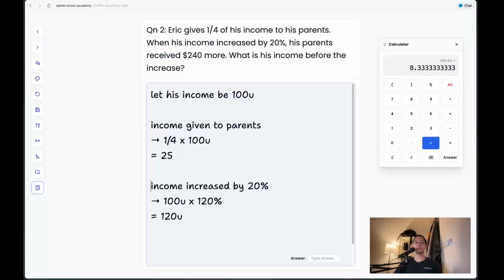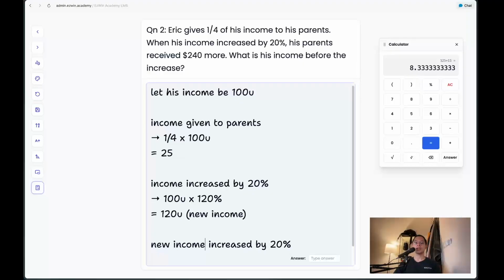So let us just put in new income and given to parents, which will be 1 out of 4 times 120 units, and 1/4 of 120 will be 30 units.